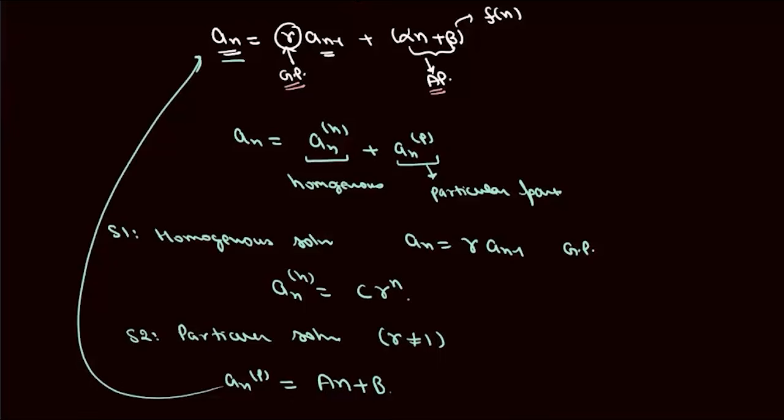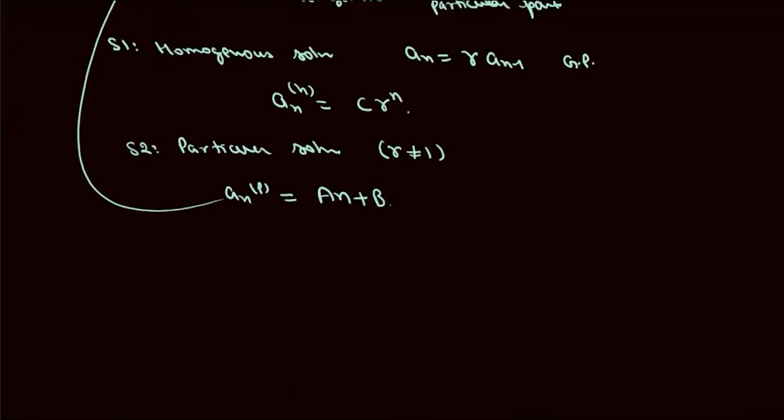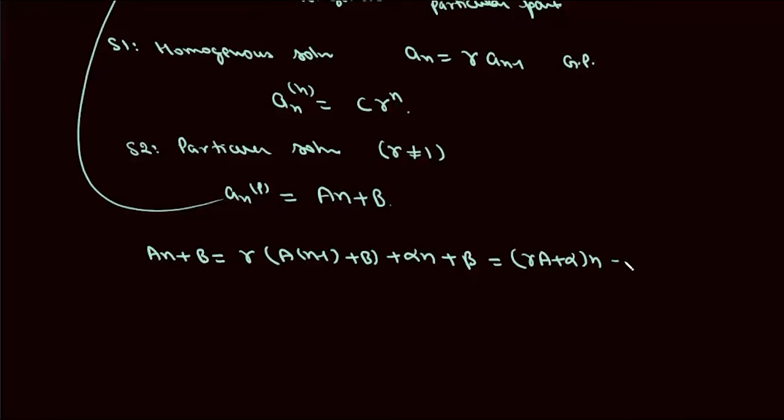So we can write an plus b equals r into a(n minus 1) plus b, plus alpha n plus beta, which we can write as (ra plus alpha)n minus ra plus rb plus beta.